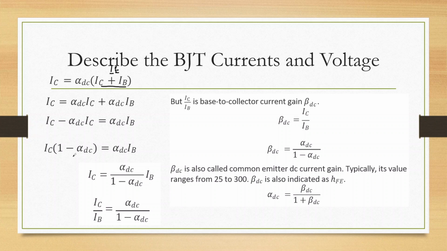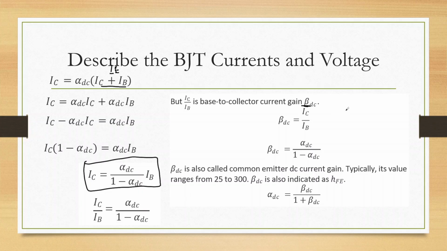So if you expand and simplify, you can get IC is equal to alpha by 1 minus alpha into IB, or IC by IB, which is alpha by 1 minus alpha. So this we can write as the base to collector current gain, that is beta.